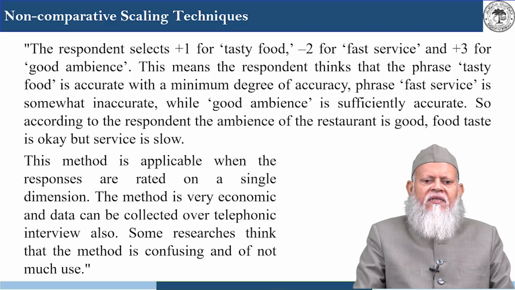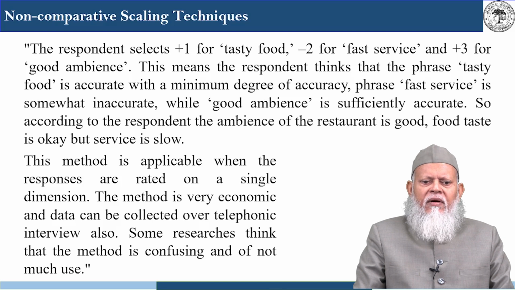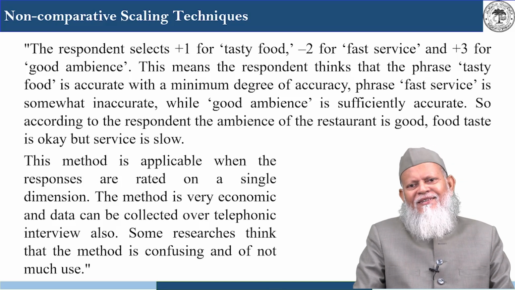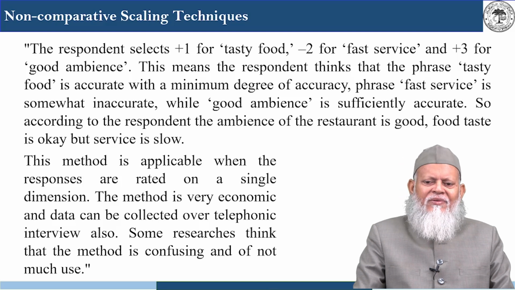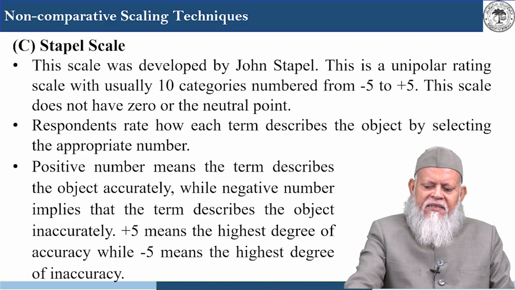The phrase fast service is somewhat inaccurate, while good ambience is sufficiently accurate. So according to the respondent, the ambience of the restaurant is good, food taste is okay, but service is slow. That is the conclusion from this scale, which is called the Stapel scale.